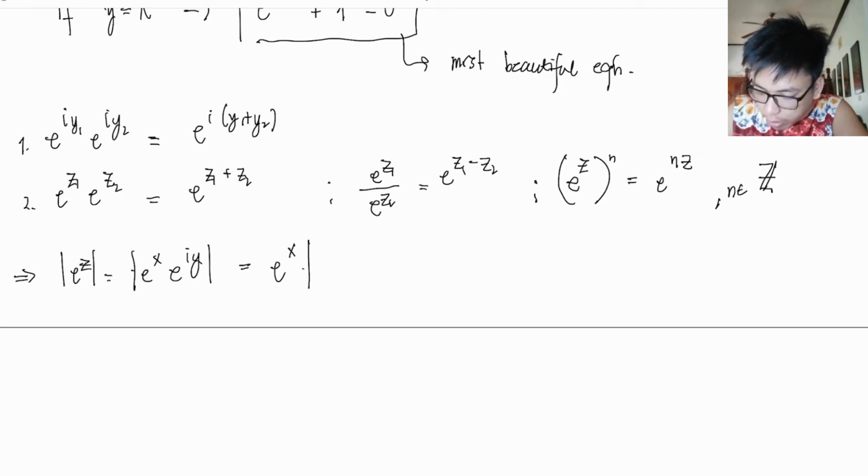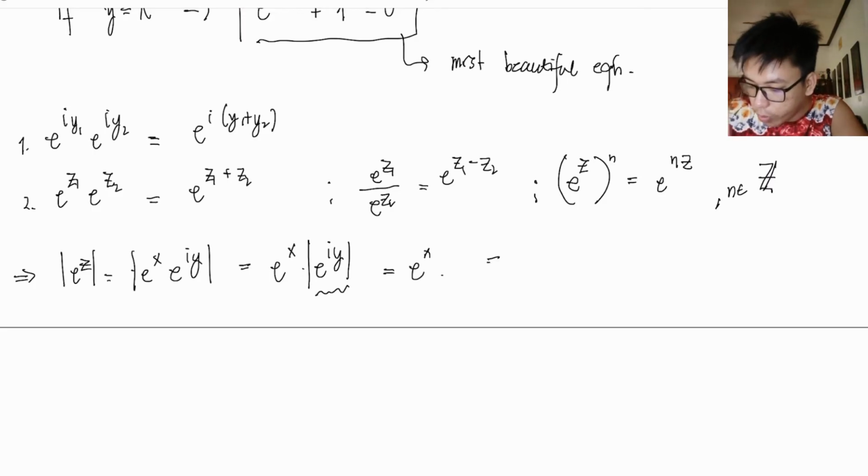So the modulo of e^z is the same as e^x.